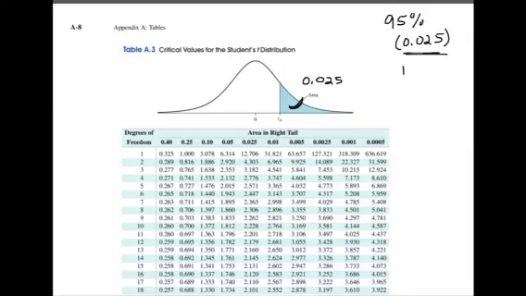And degrees of freedom, 6. So here in the left-hand column, I find 6 degrees of freedom, and then I just keep looking across till I get to 0.025, and that's my value right there.